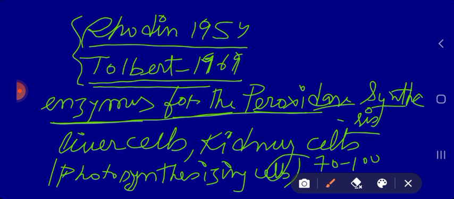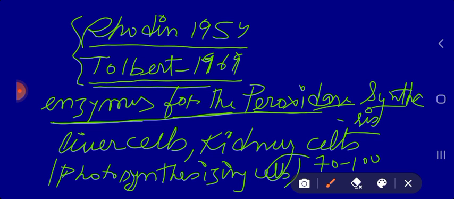Normally, peroxisomes develop from the endoplasmic reticulum, and the shape and size are variable, from 0.2 to 1.5 micrometer.